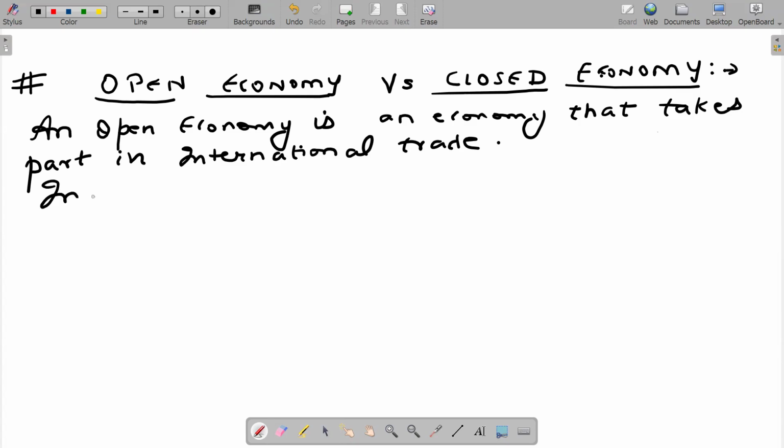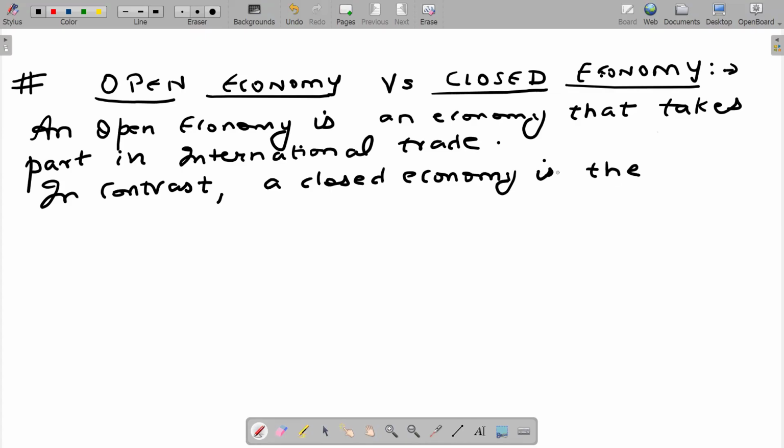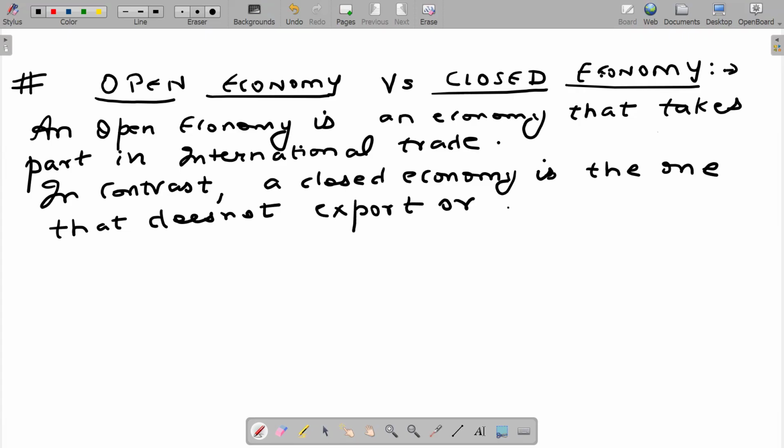In contrast, a closed economy is the one that does not export or import goods and services.